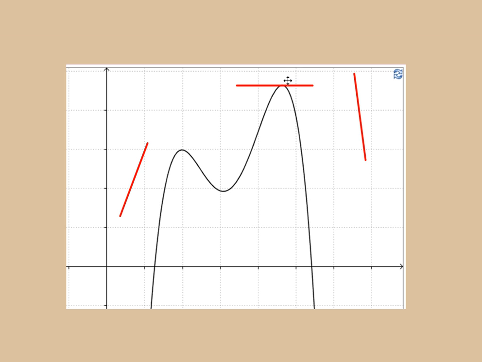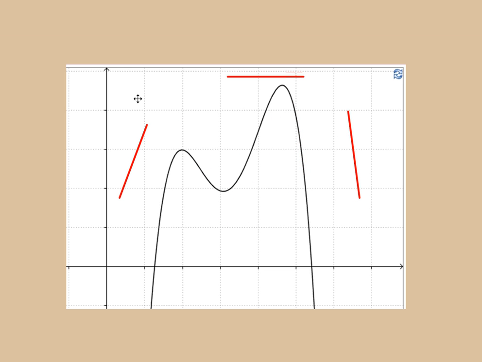Similarly over here, we have a local maximum, and the gradient at that point is 0. And then down here, the gradient is negative again. So we've got a positive gradient here, and also this part of the curve over here, the gradient's positive, but the gradient is negative here, and also in this region over here.